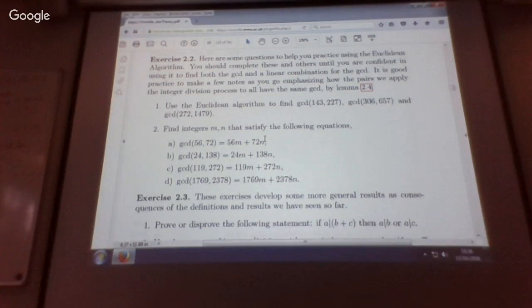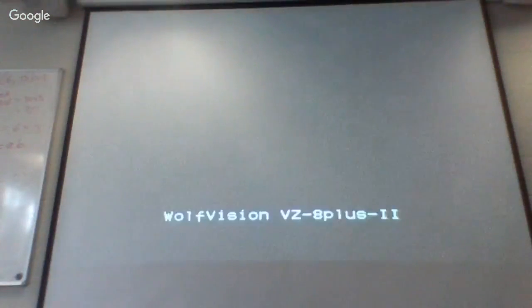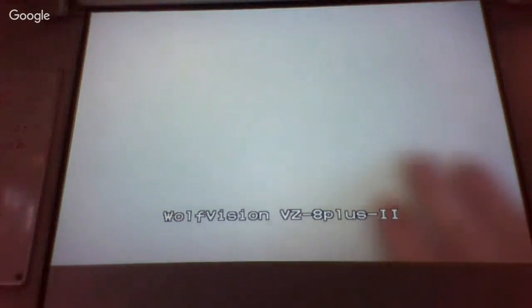First of all, in exercises 2.2, would you like me to do an example of the Euclidean algorithm for you? I'm seeing some heads nodding. Okay. I'll do one quick example. I hesitate to spend ages doing them in front of you because it's not something I'm great at, spotting all this integer arithmetic.